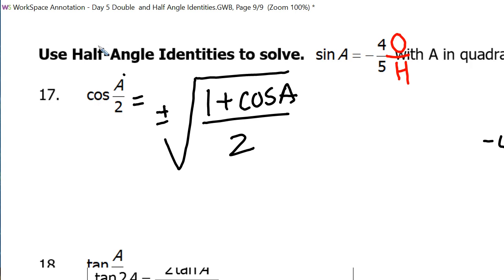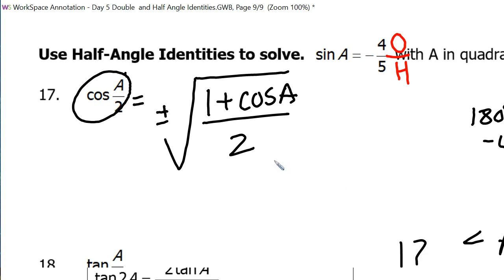No, but we can figure it out, because we know that angle A is between 180 degrees and 270 degrees. But we don't want angle A, we want A over 2. So if I divide angle A by 2, these quadrant boundaries also need to be cut in half.